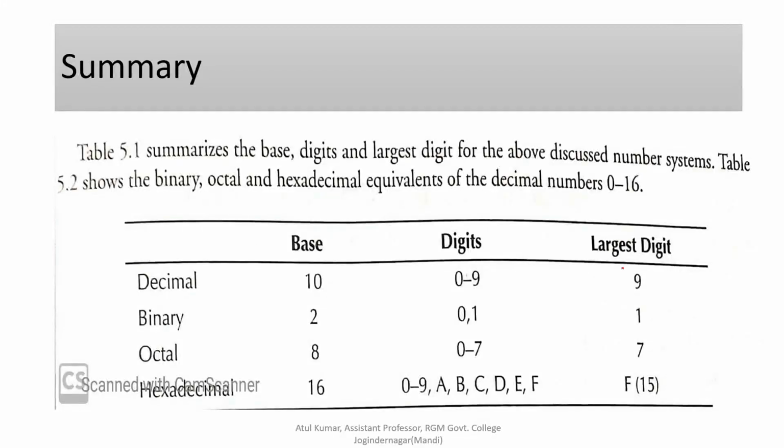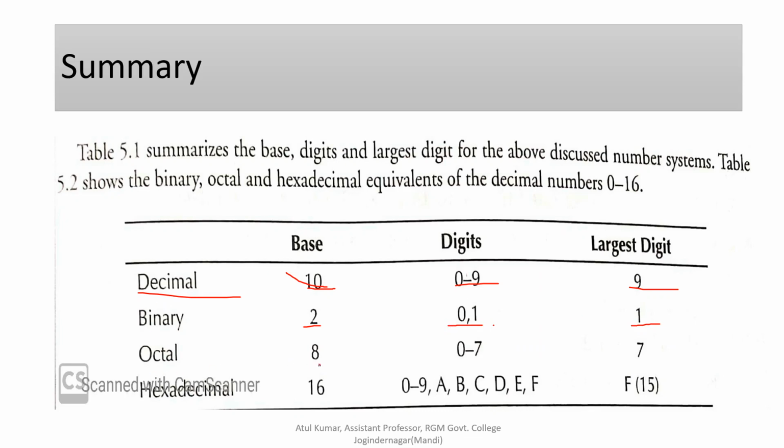So this table represents the basic summary of all the number systems. In decimal number system we have 10 digits starting from 0 to 9, so the base is 10 and the largest digit is 9. In binary number system the base is 2 because we have only 2 digits, 0 and 1, and the largest digit is 1.